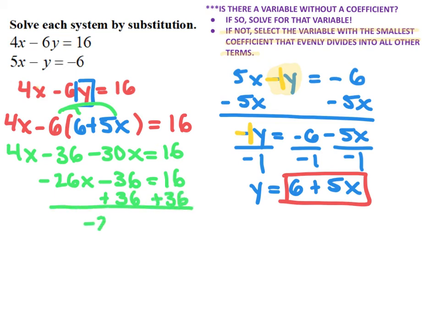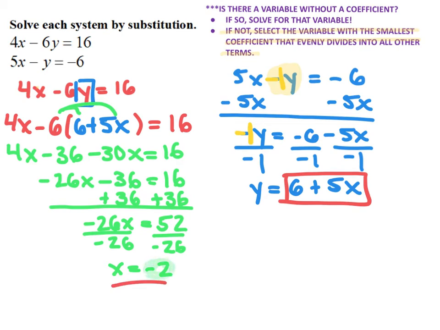Add 36 to both sides to get negative 26x equals 52. And divide both sides by negative 26 to get x equals negative 2. Now you can take this value of x and plug into the original equation.